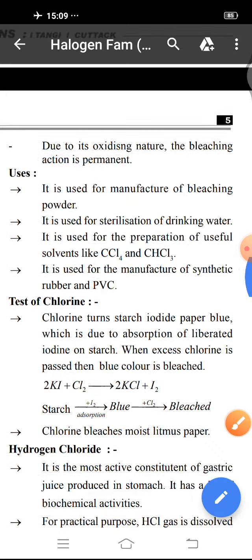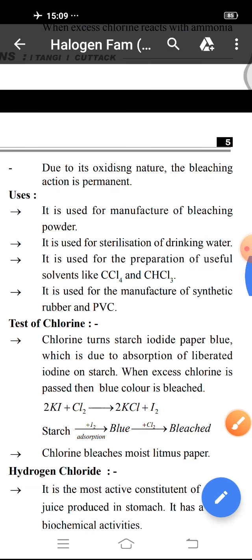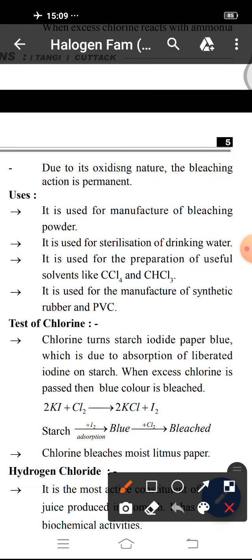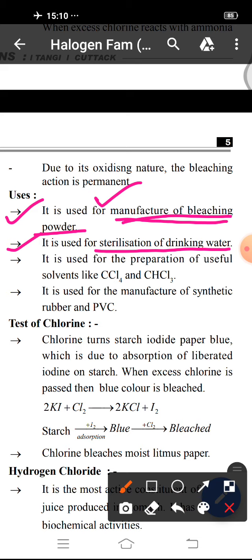Then comes its use. It is used for manufacture of bleaching powder. It is also used for sterilization of drinking water. It is also used for preparation of useful solvents like CCl4, carbon tetrachloride, or chloroform.